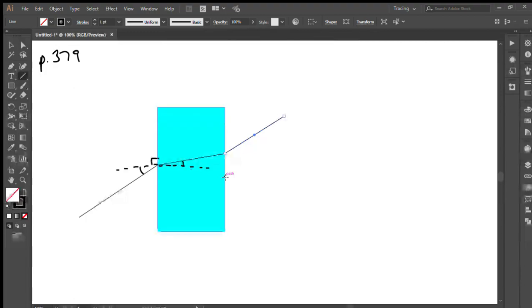The second part of that thing on the bottom of page 379: when light refracts into a substance in which it speeds up, the light ray will bend away from the perpendicular. So it's going faster here, it hits a spot where it's slower, it's going to bend towards the perpendicular, then it hits a spot where it's faster, it's going to bend away from the perpendicular. I hope that makes some sense to you.